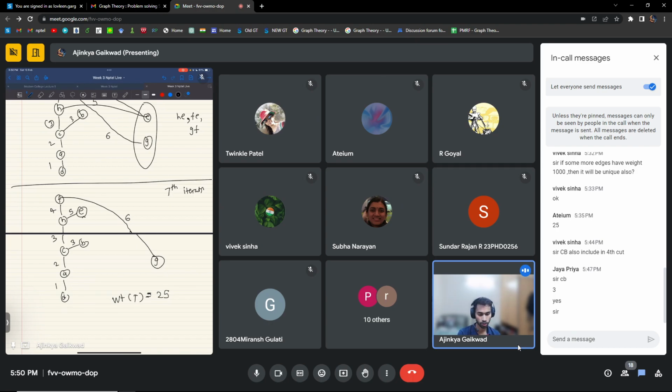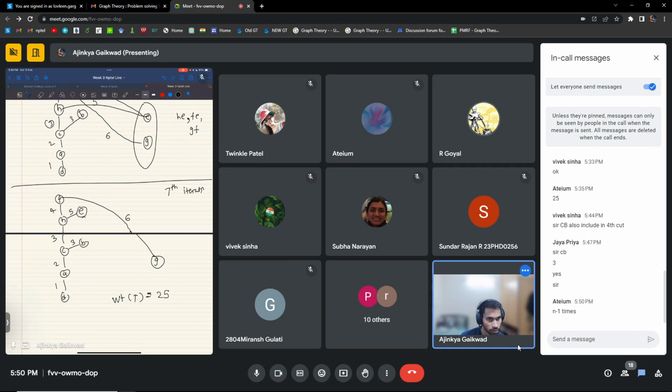As you just saw, I ran Prim's algorithm on the graph G. In the first iteration you get one cut, in the second iteration you get another cut. So there are a lot of iterations where Prim's algorithm is adding edges to my graph G. How many times do I have to run these iterations in order to get a minimum spanning tree?